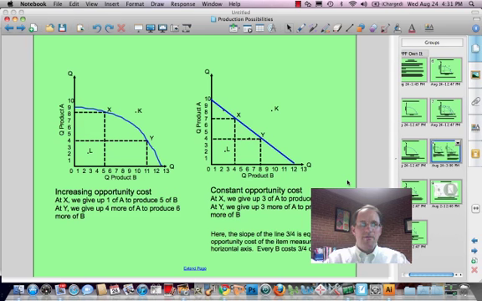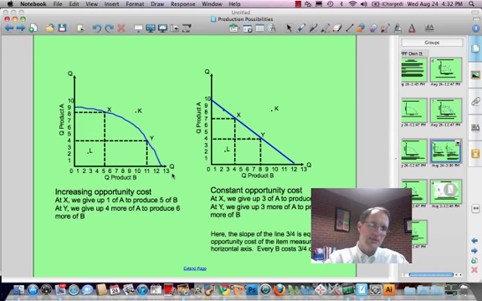Quick review of two different kinds of production possibilities curves. The production possibilities curve we will see most often has a bowed nature to it. Because the slope is changing, you'll notice that the opportunity cost changes depending on where you are along this line. So at X, we give up 1 of product A to produce 5 of product B. You'll notice as the curve bows out, you can tell the slope.